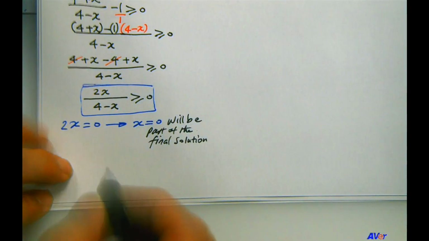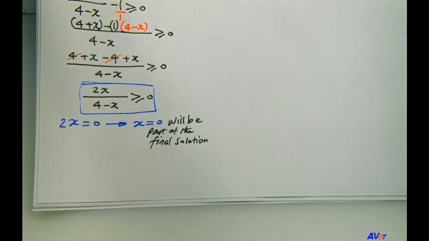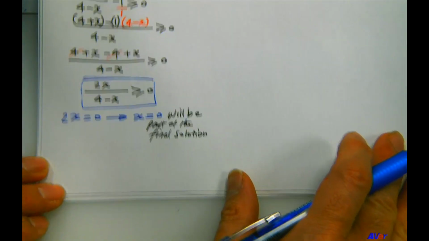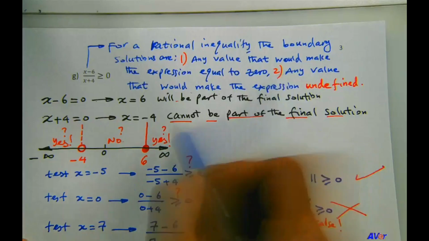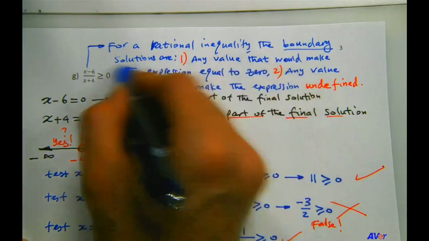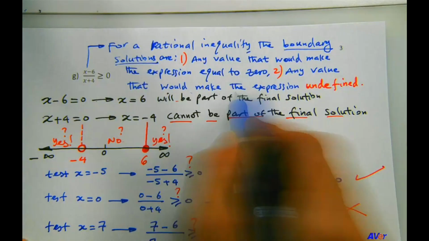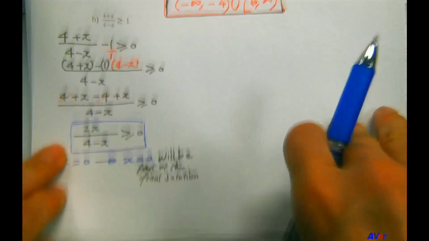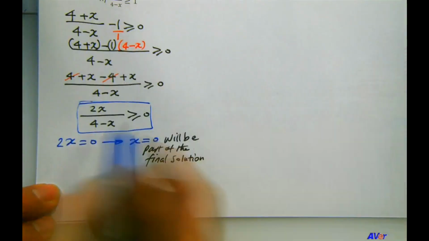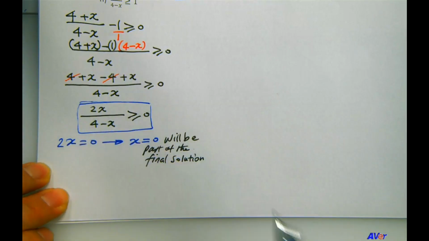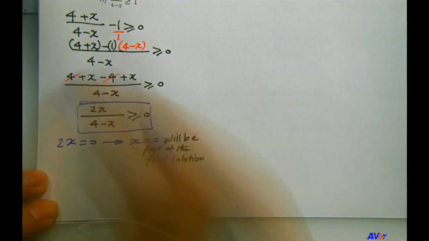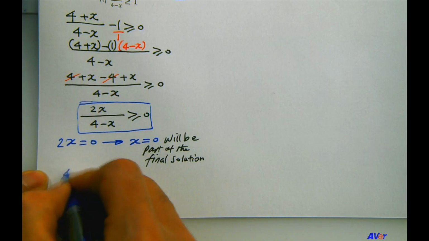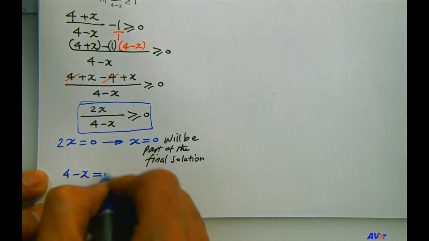Okay. So where is the other boundary solution going to come from? Let's look back up again. The second kind of boundary solution is any value that would make the expression undefined. So looking at this, what would make this expression undefined? Well, any x value that would make the denominator equal to 0 would make this fraction undefined. So let's find what that value is. 4 minus x equals 0.